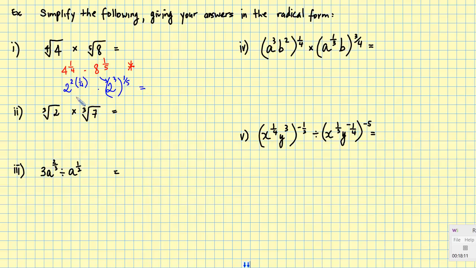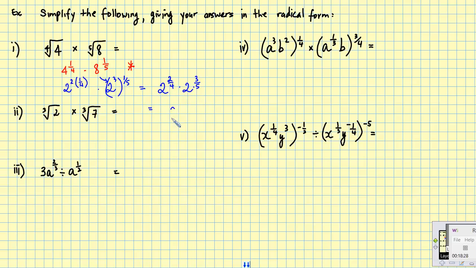Now, when I simplify this, it will go to 2 to the power of 2/4 times 2 to the power of 3/5. And now here, I need to get a common denominator, which is going to be 20 at this point.